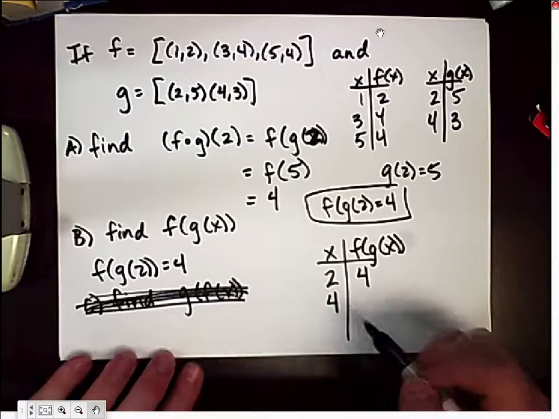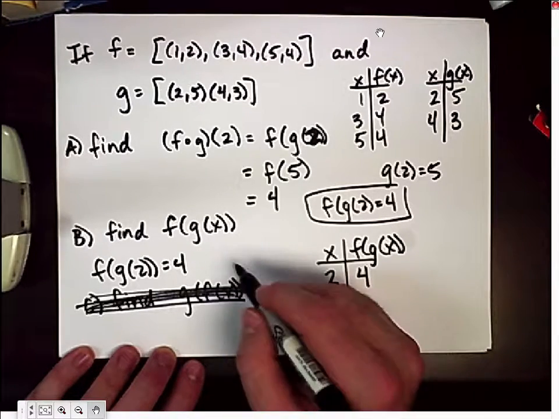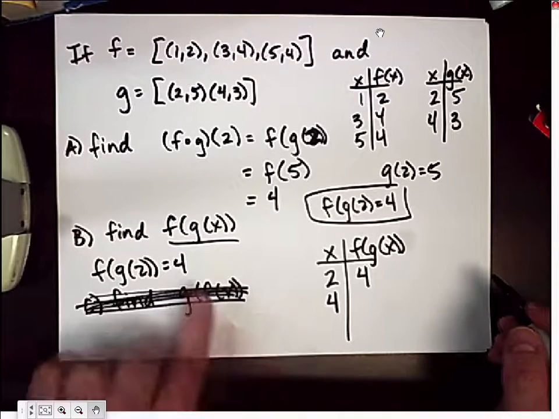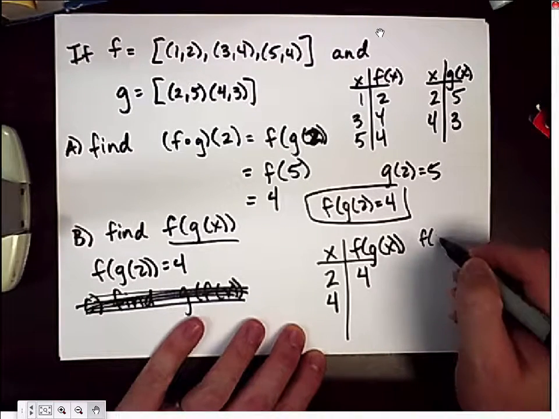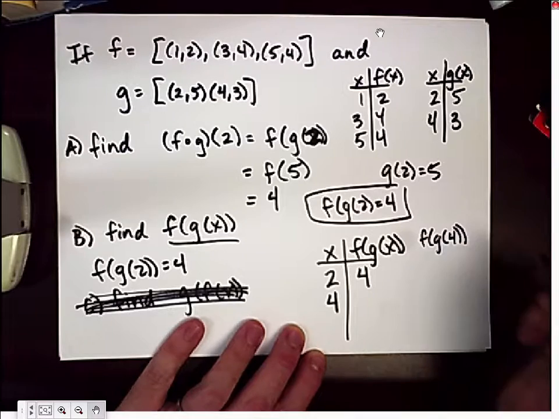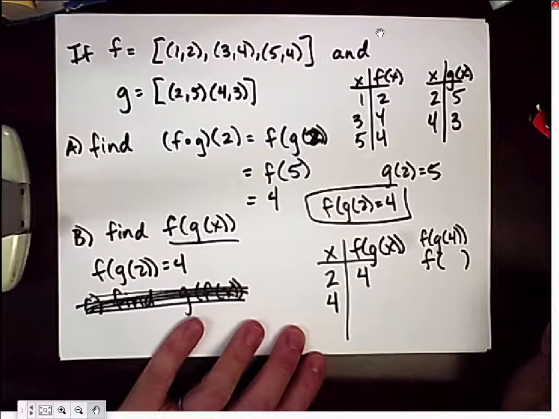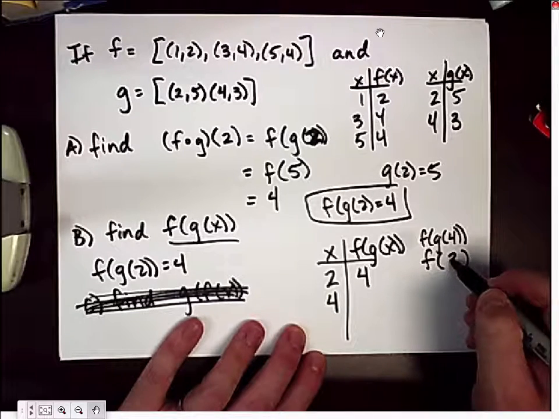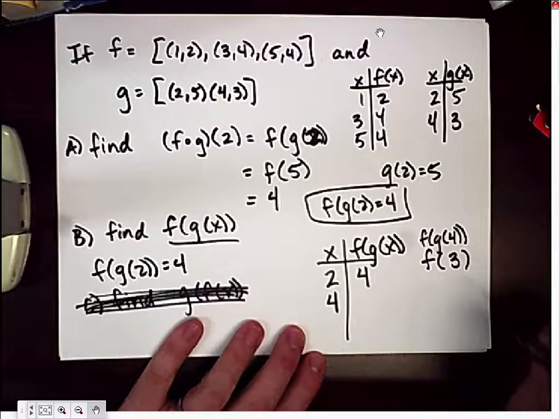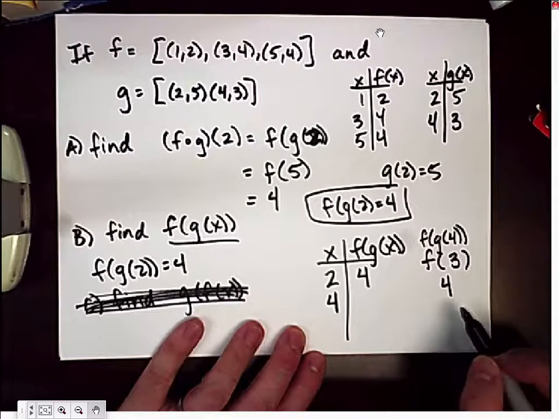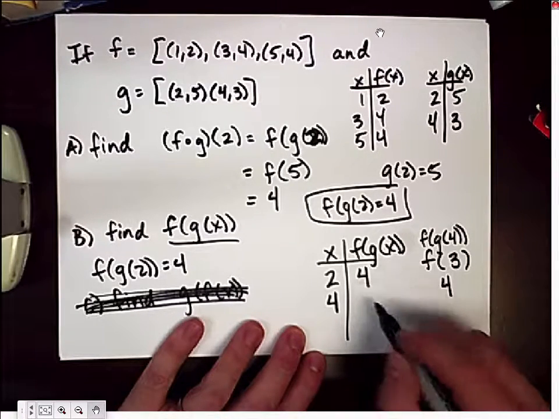What about when the input is 4? So the first thing we're going to do is find f of g of 4. We plug 4 into G, and what is our output? 3. So in place of g of 4, we're going to write 3. Now we want f of 3, which is what? 4. So f of g of 4 is 4.